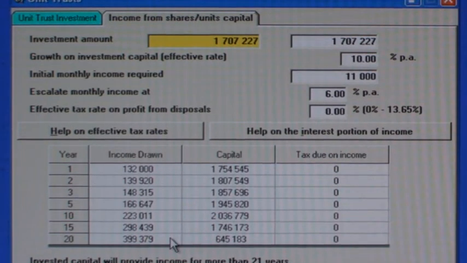Looking at year 20 here, we cashed in units to the value of 399,000 Rands, which cost us about 60,000 Rand when we bought them 20 years earlier, giving us a profit of around 339,000 Rand.